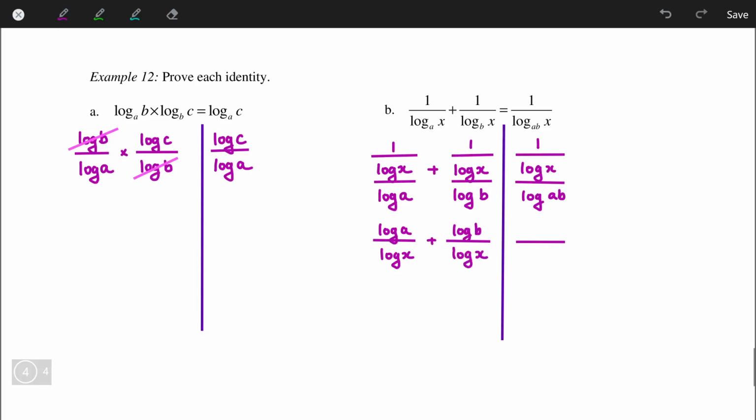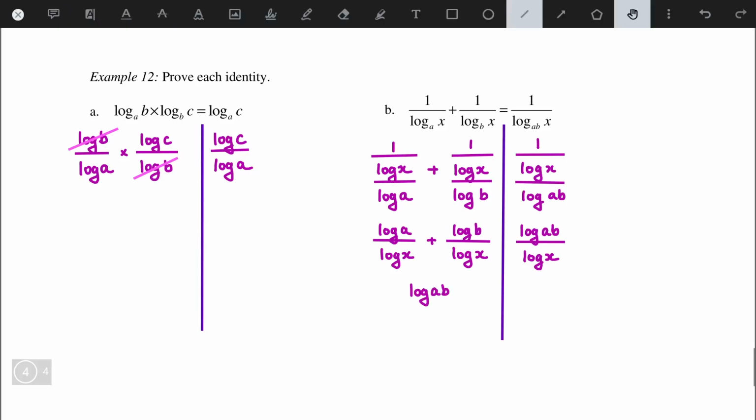And then on the right-hand side, log ab over log x. And of course, the idea here is we're adding log a and log b together, so we can multiply the arguments. So this would simply give us log ab over log x on the left-hand side, which is what we want. And that's it.